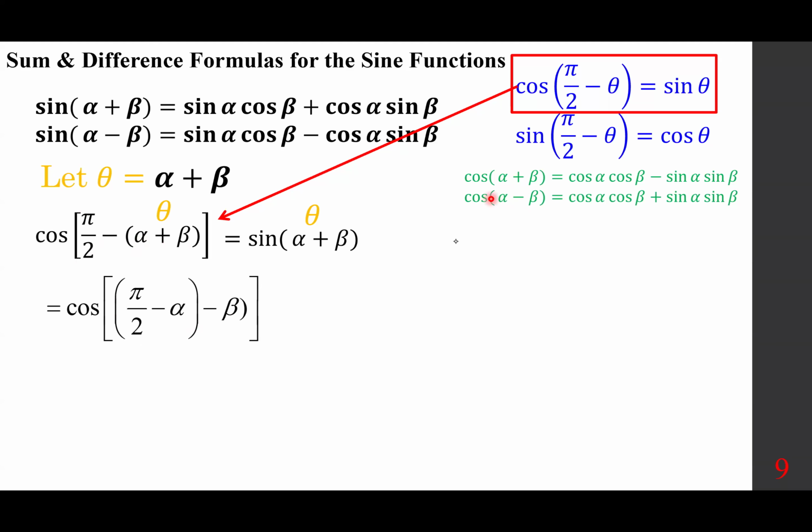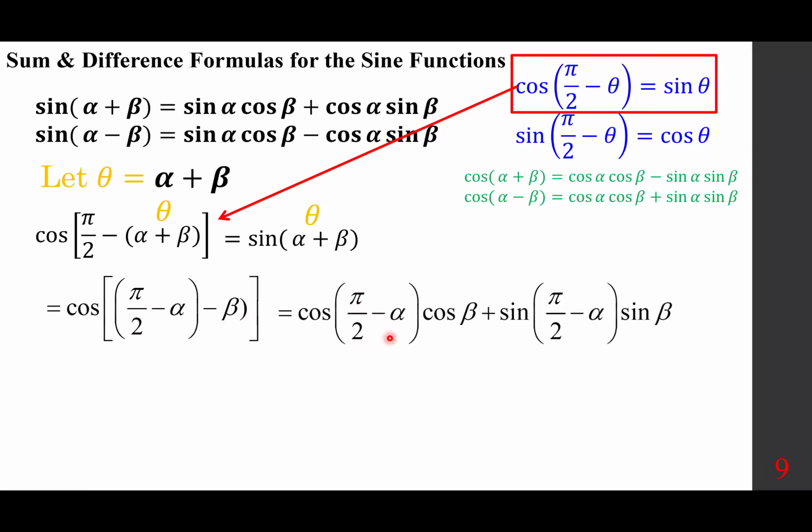Think about this as alpha. Cosine of this minus beta, right? So cosine alpha cosine beta plus sine alpha sine beta, following this formula. We get cosine of this, cosine of beta, plus sine of this, sine of beta. So cosine of pi over 2 minus alpha, cosine beta, plus sine of pi over 2 minus alpha, sine beta.